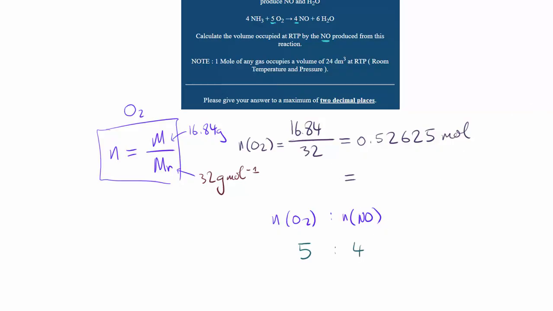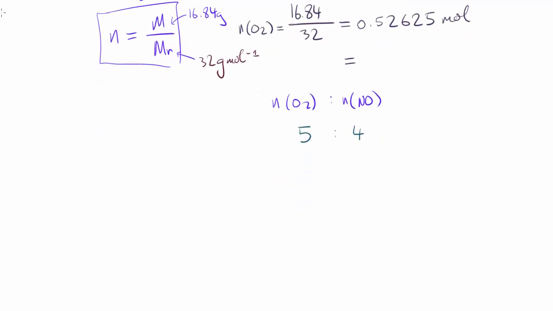As the first step, I want to get the oxygen side to be 1, so I need to divide by 5. Because it's a ratio, I need to do the same thing to the other side, so divided by 5, and we get 1 on this side, in a ratio of 4/5.